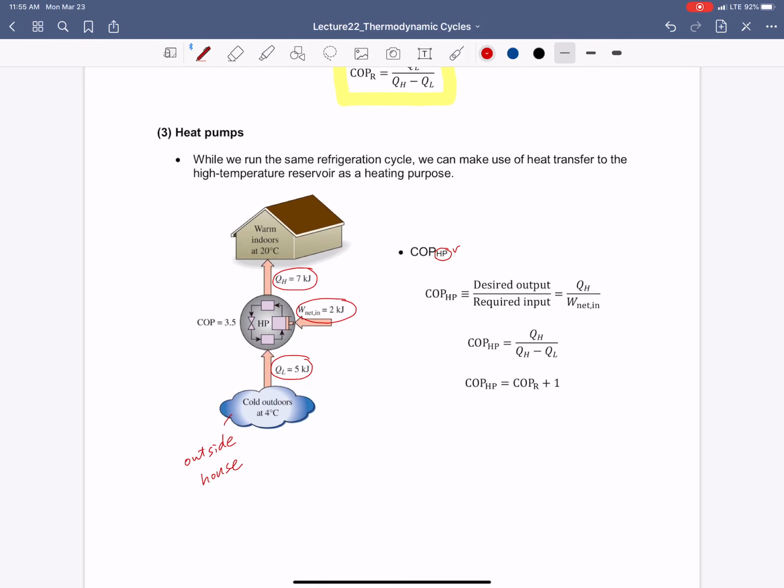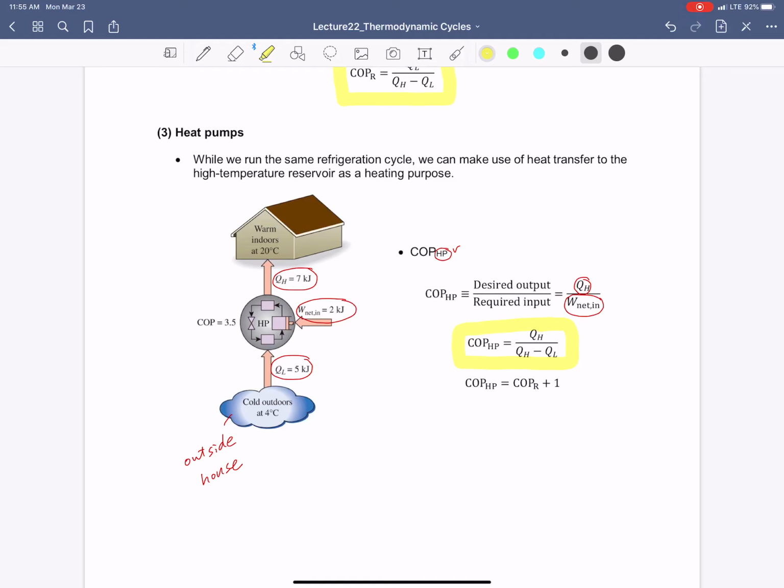This COP for heat pump has desired output not QL but QH, compared to the required input, still the same, W net in. So the final equation for COP for heat pump can be written as QH divided by QH minus QL.